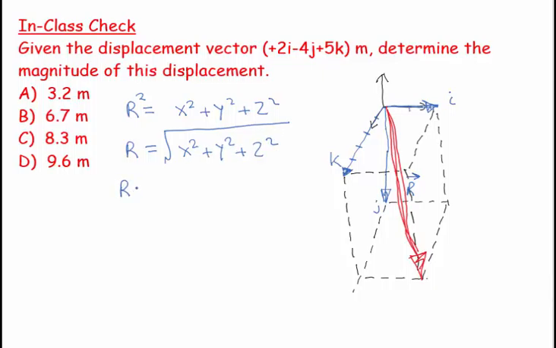So R is equal to the square root of, now let's be looking up here, plus 2, and we're going to square it. And then we have this addition operator, so let's put our addition operator in. Now this is minus 4. That's a value, minus 4.